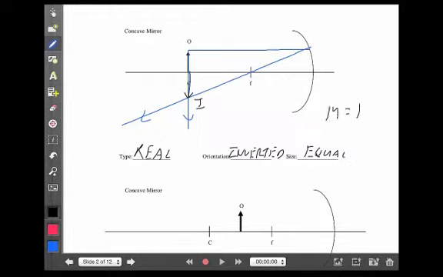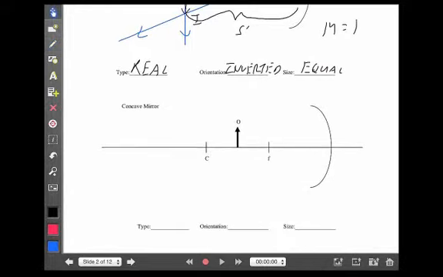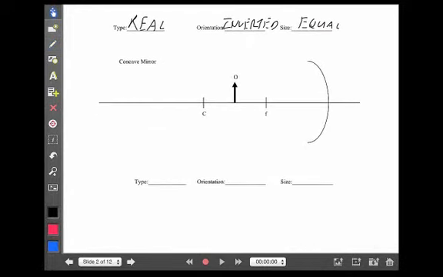Now you've also noticed that there's these distances. Remember we had this distance s for the object distance, and we have this distance s prime for the image distance. Notice that those distances are also equal. Good. That'll be important kind of in the math way of doing things later on. Let's move to the next one.